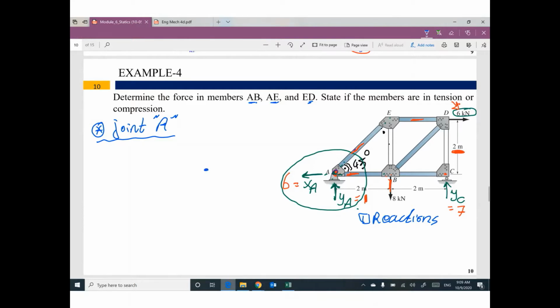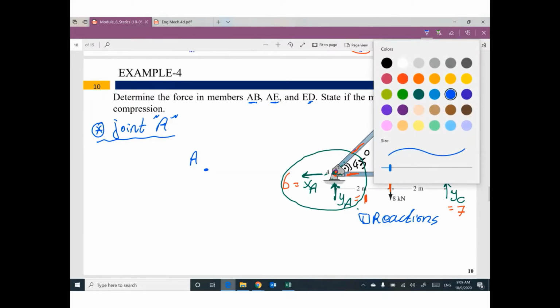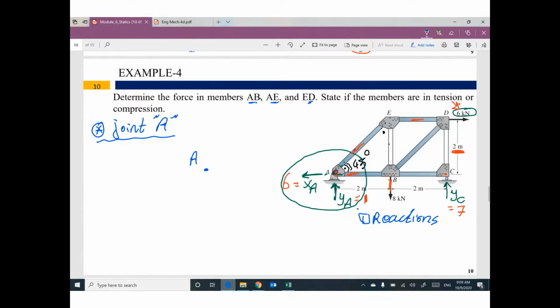Here is joint A. What are the forces that intersect at point A, at joint A? What do you have here? We have XA, which is 6 kilonewton. We have YA, how much? 1 kilonewton.